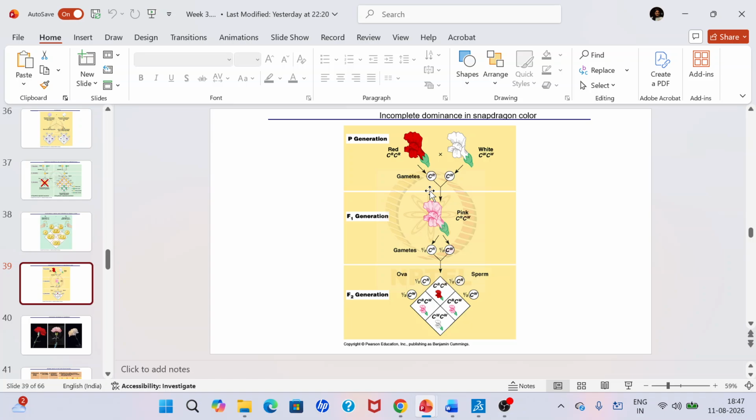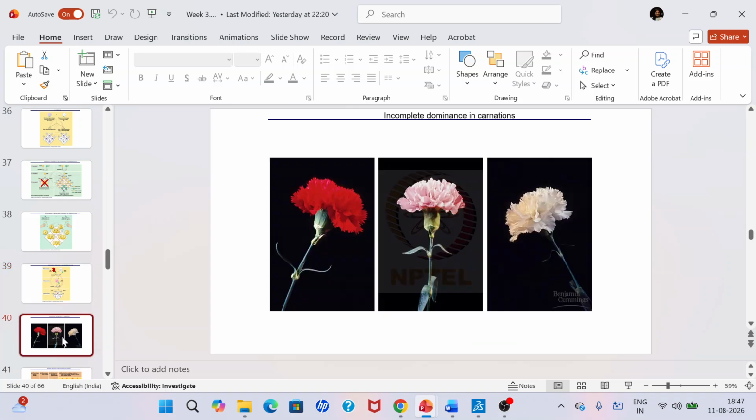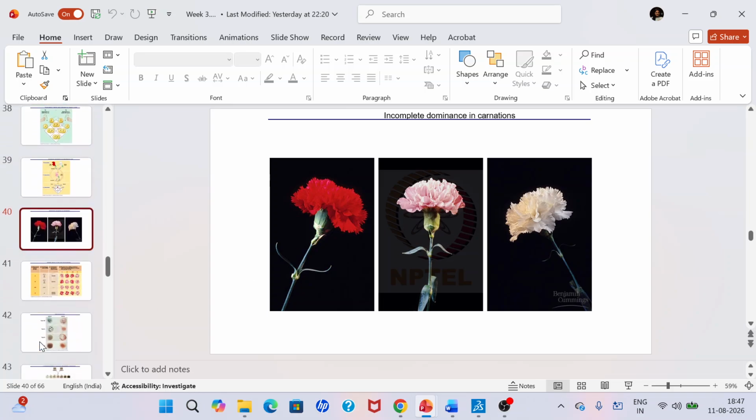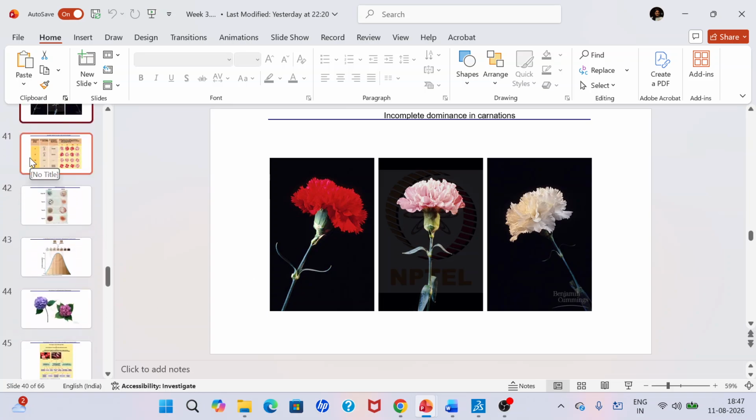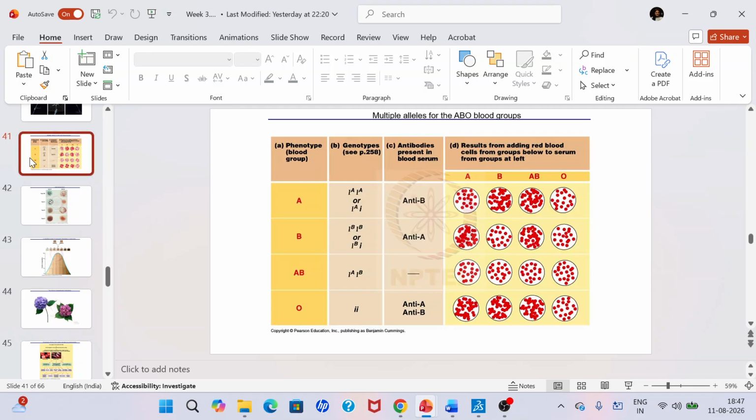Later it was found out that this was the concept of incomplete dominance, and this was studied in the snapdragon flower. So this was the actual flower. Initially what was crossed was this red and this white, and after this crossing we got a pink flower. The concept of incomplete dominance.